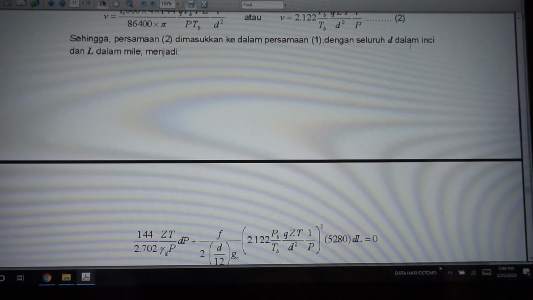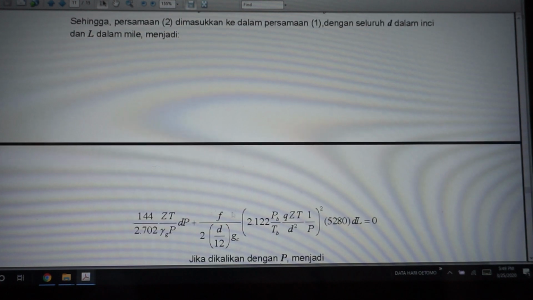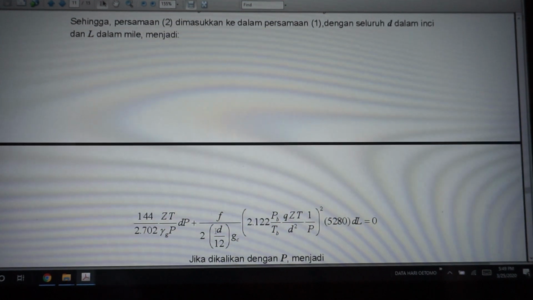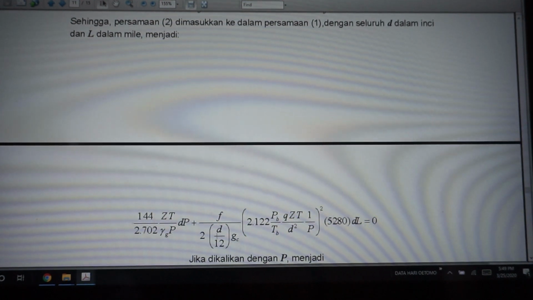So everything is in inches, L is in miles usually. So we end up with this long equation. This is because of the inches, and this one because of the equation above. It's already been there.